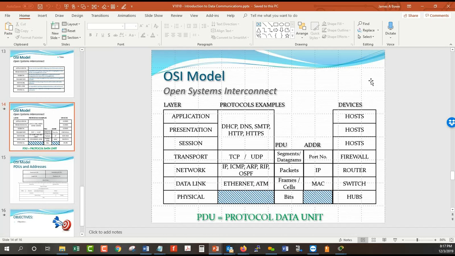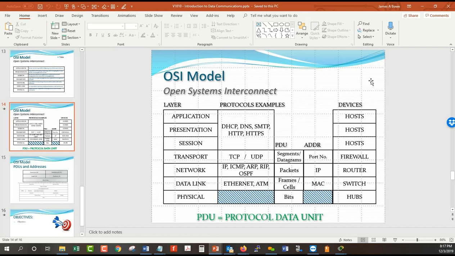It talks about the protocols that are being used in each one of the layers. It talks about the PDU, and again, down below, PDU is equal to protocol data unit. So at the transport layer, it's either segments or datagrams. It's packets in the network layer, and it's frames or cells, in terms of something called ATM, in the data link layer.